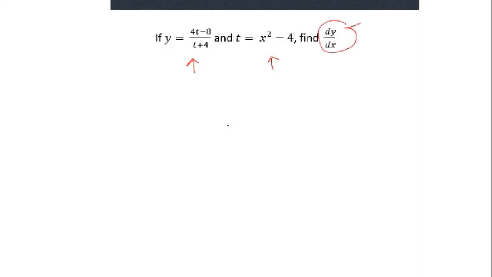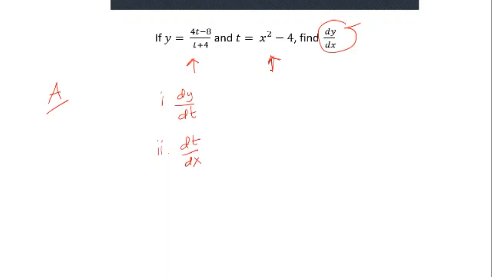Okay, so we actually have two methods in getting the derivative here. So our first method: we get the derivative of y with respect to t. Next step is we get the derivative of t with respect to x.